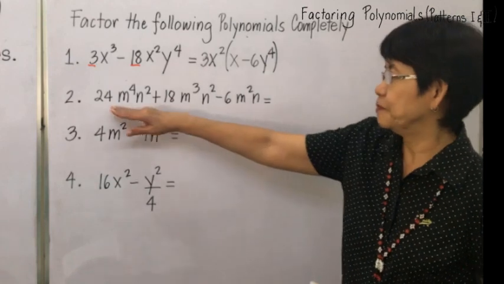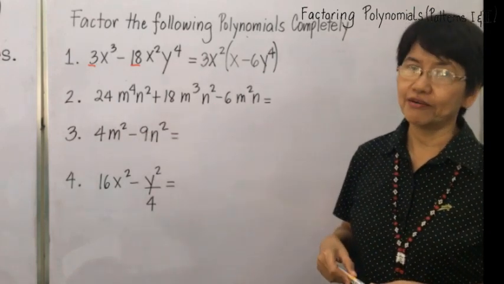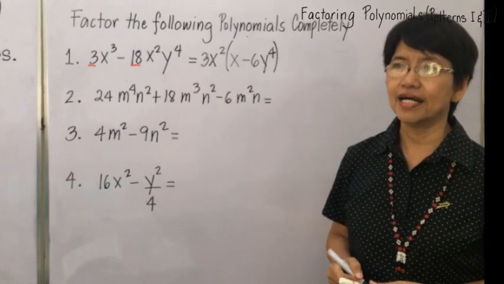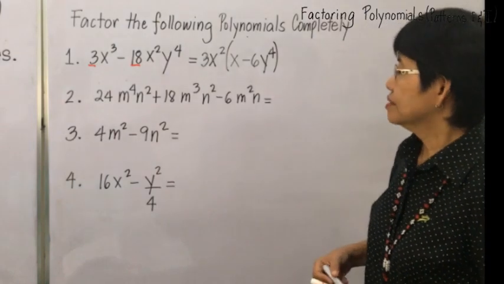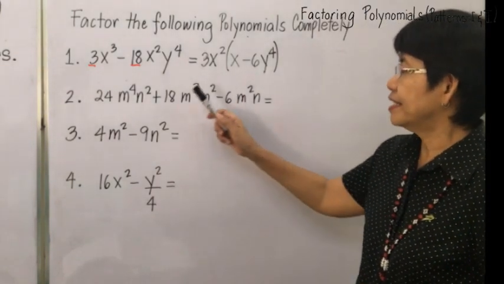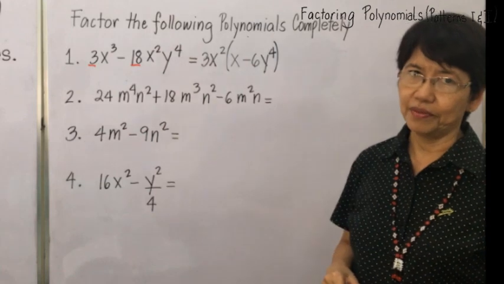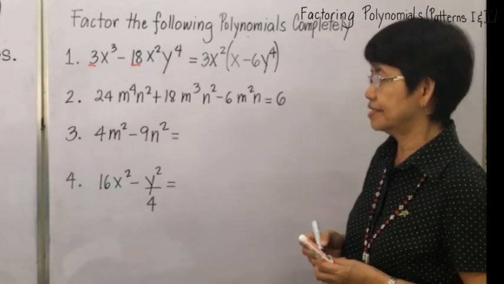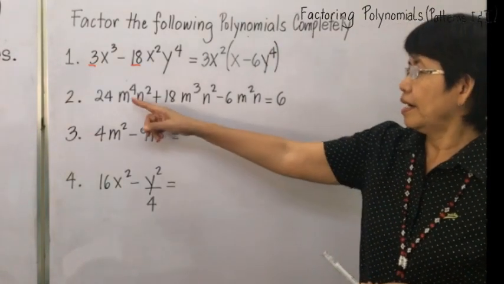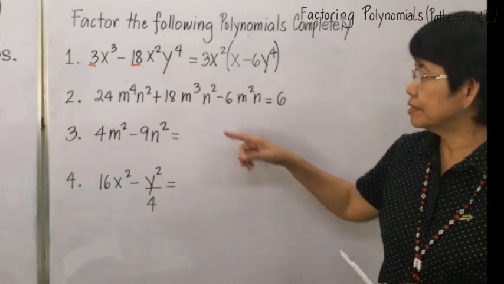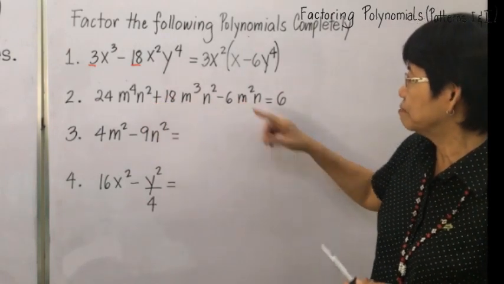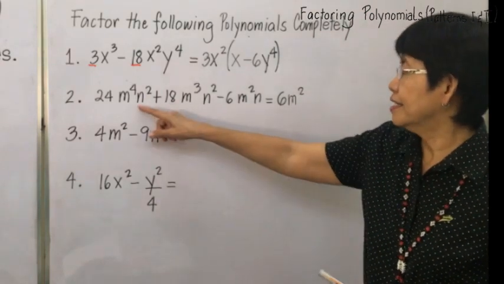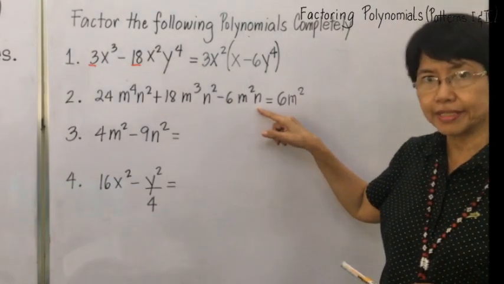Number 2, observe the terms and the numerical coefficients 24, 18, and negative 6. What is the GCF? So negative 6 can divide 18 and 24, or simply the number 6. So we get 6. And then m is common to all, but the least power of m is m squared. And then n is also common, but the least power is n.